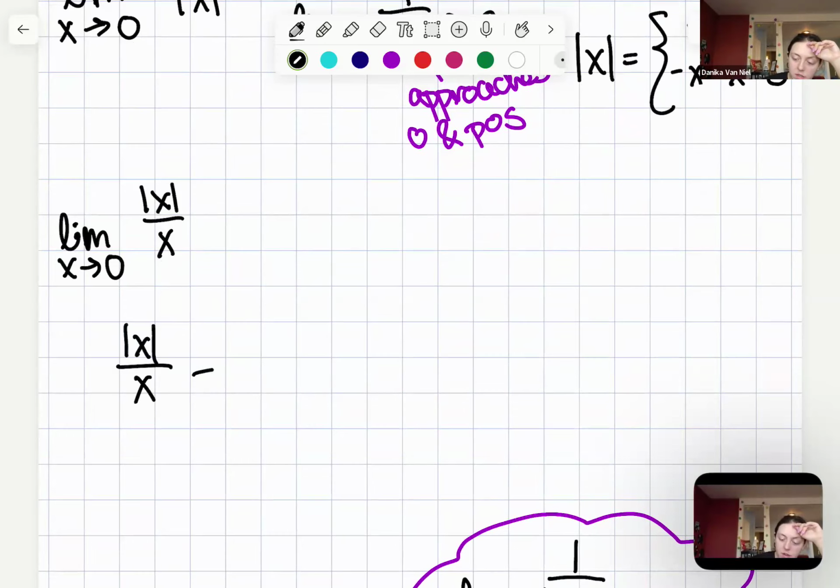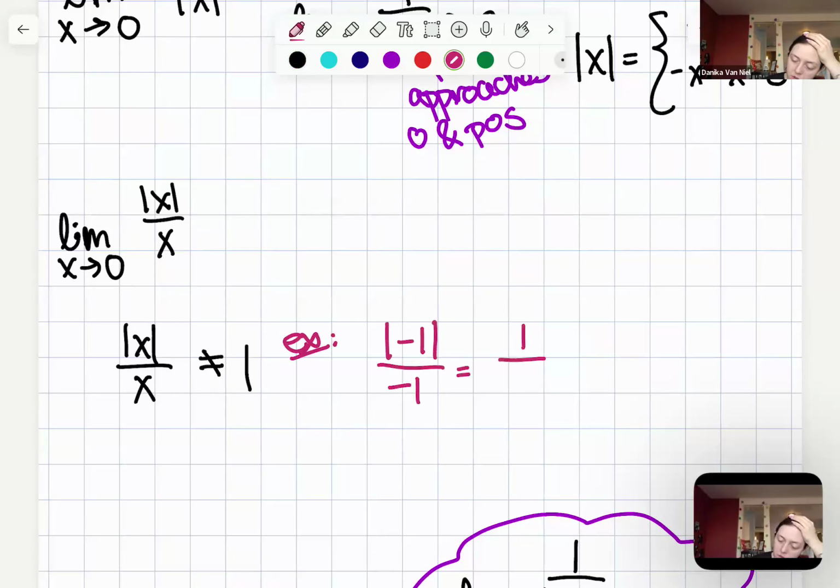Well, let's just write it's not equal to 1 because it's not always. So for example, the absolute value of -1 over -1 is equal to 1 over -1, which is -1, which is famously not 1.